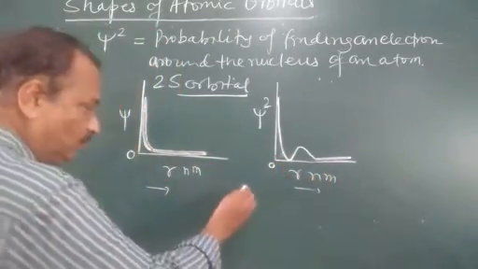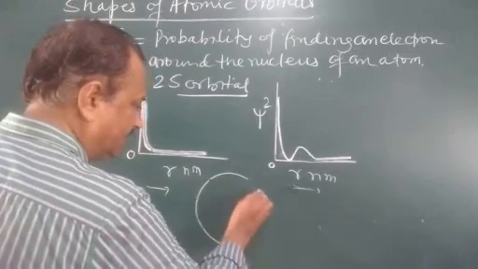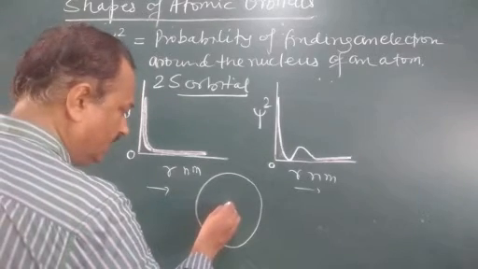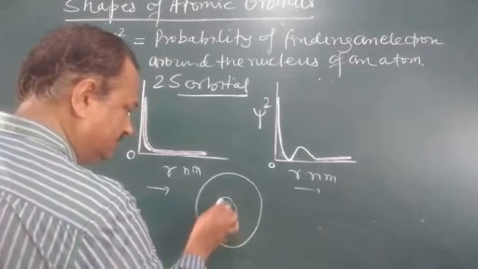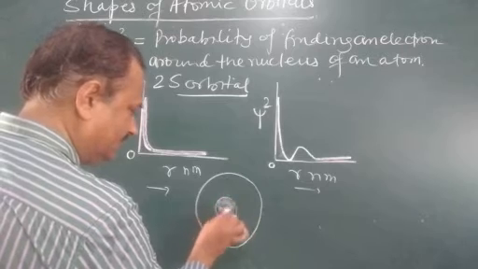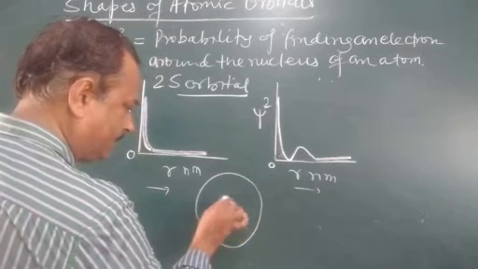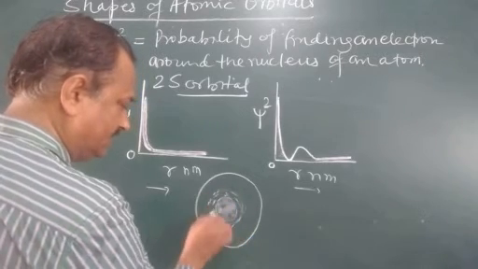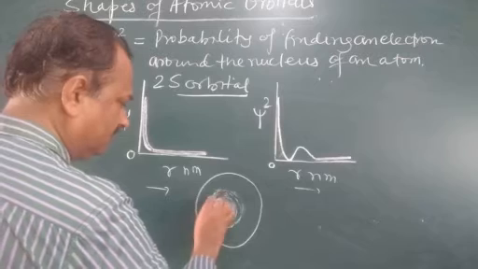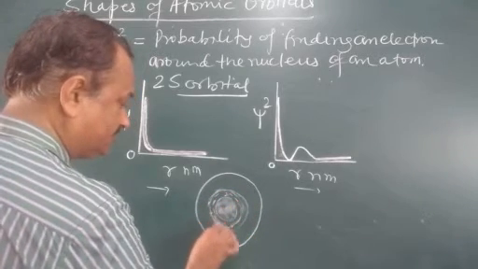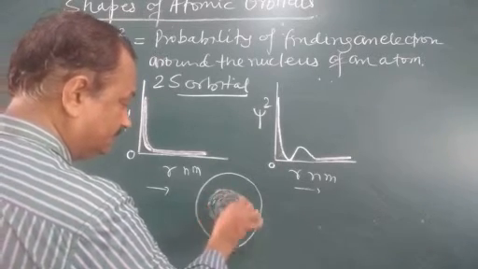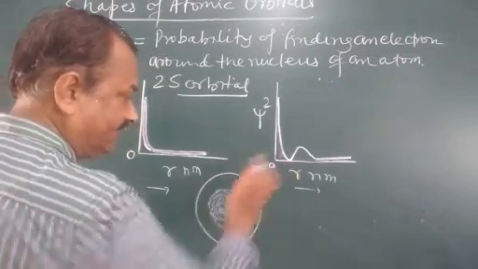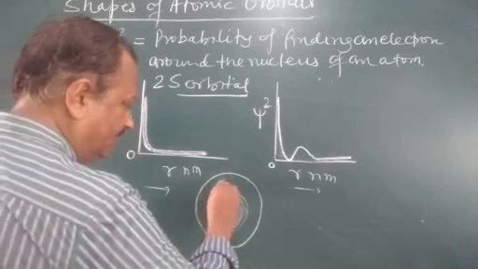Now the pictorial representation, or how we represent the picture. In the picture, again there is the center of the nucleus, and here there is the electron density, as it was before. But now the electron density becomes 0 here.